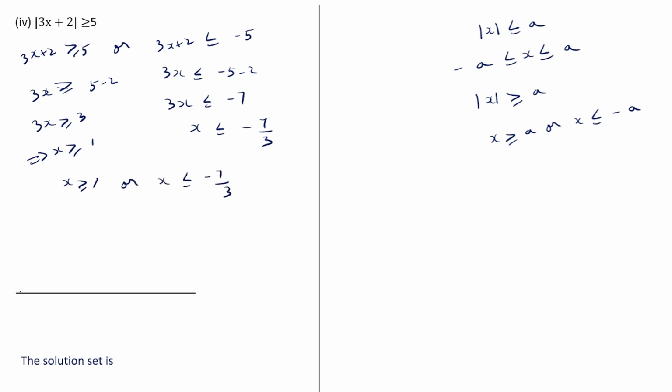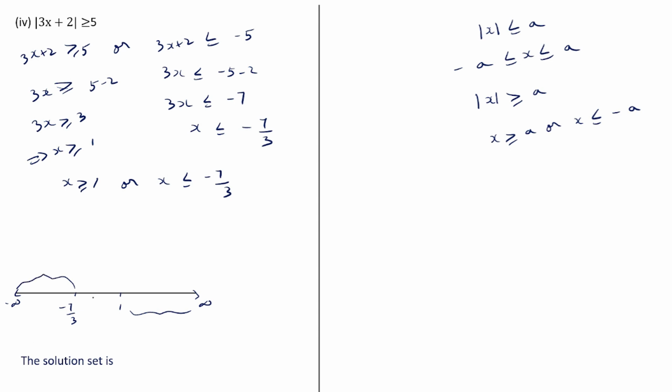So on the number line minus infinity to infinity, we have 1 here and minus 7 by 3 somewhere here. So x greater than or equal to 1 is this part and x less than or equal to minus 7 by 3 is this part.